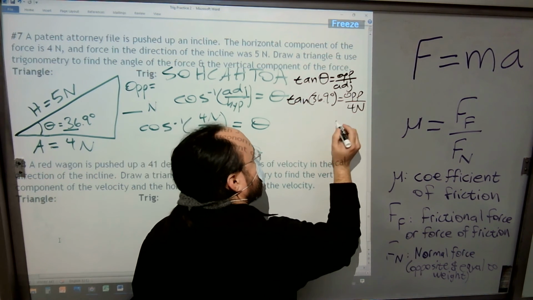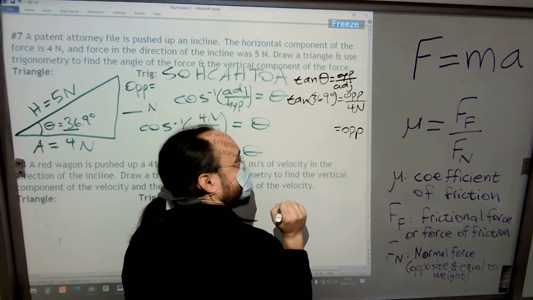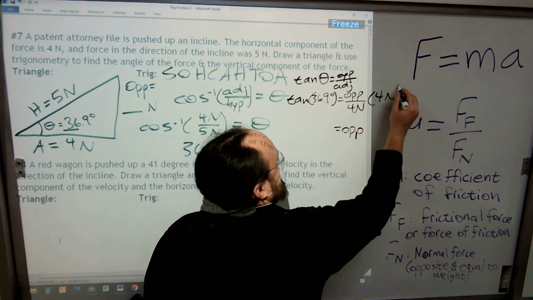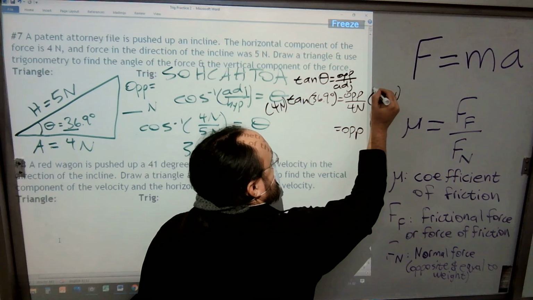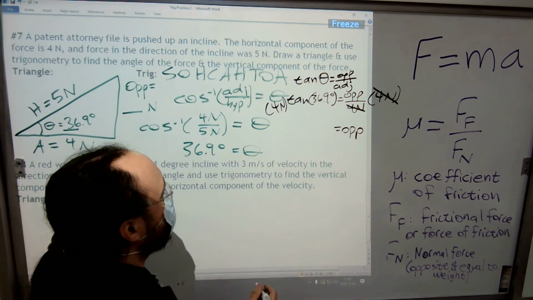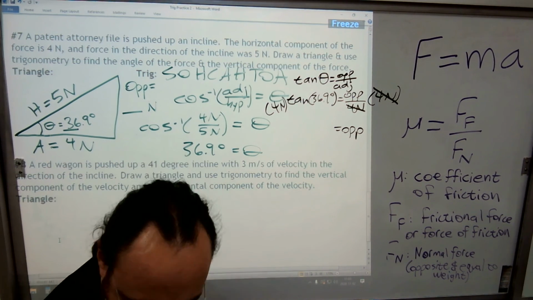But today we want to say equals opposite. It says opposite divided by 4, so to make that 4 cancel, I'll multiply by 4. One on top, one on bottom, so we got just equals opposite. 4 newtons times the tangent of 36.9.